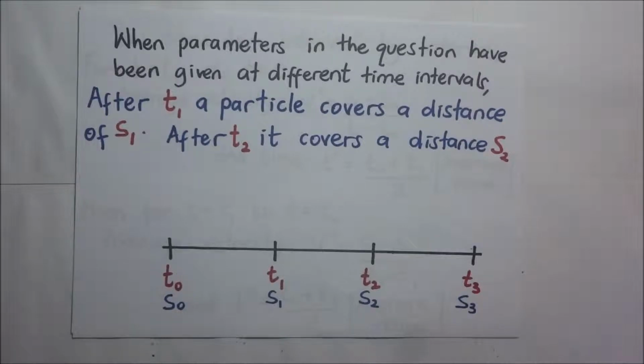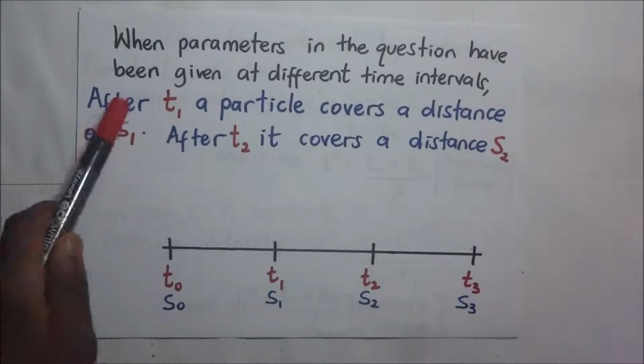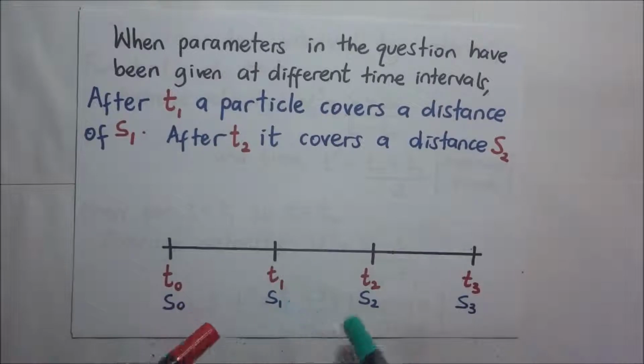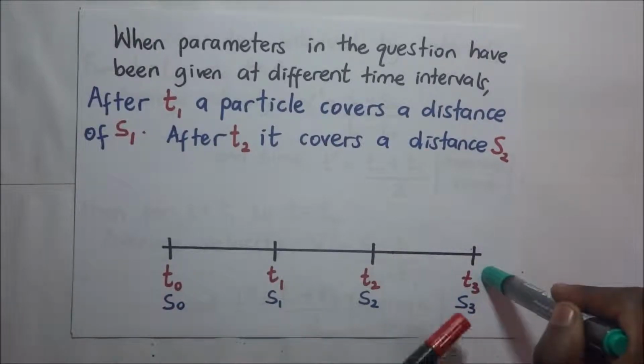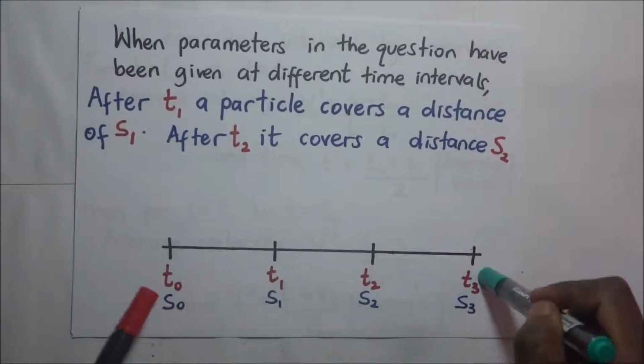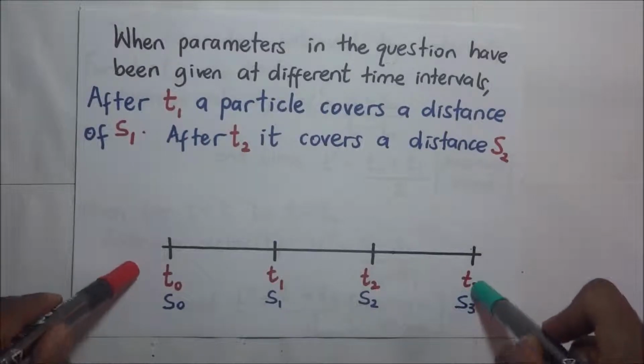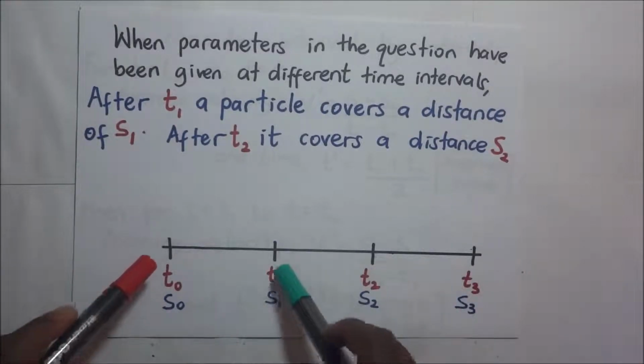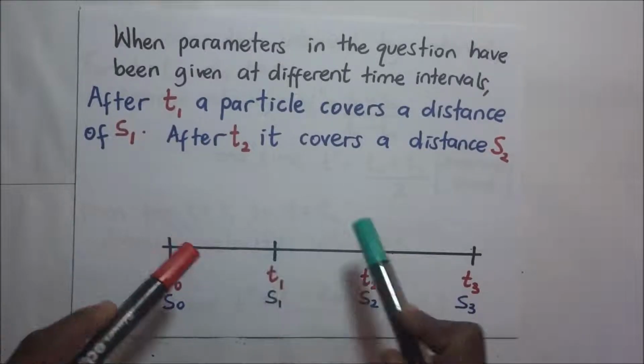Now, the whole point here is that if the information has been given to you in that kind of format, let's say after t1 a particle covers a certain distance s1, and after t3 a certain distance s3, it means that you are going to analyze each and every interval.